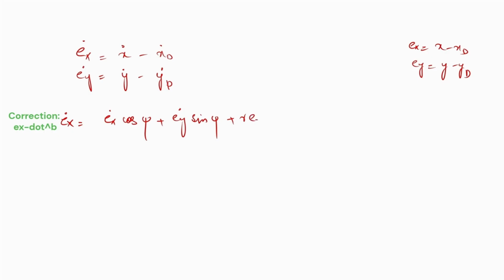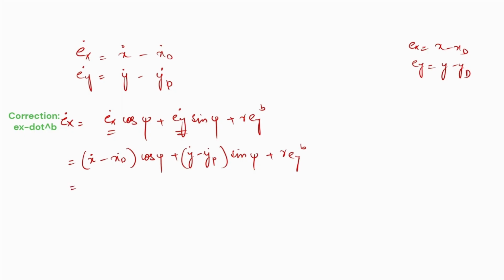Okay, so now I simply have to substitute these values. So this will become (x dot minus x desired dot) times cos of psi plus (y dot minus y desired dot) times sine of psi plus r e y b. Simple multiplication.